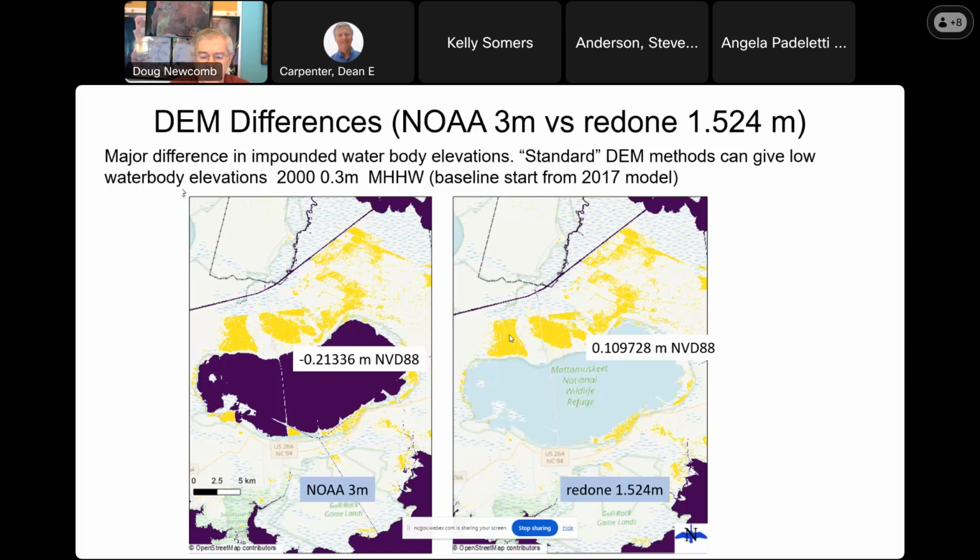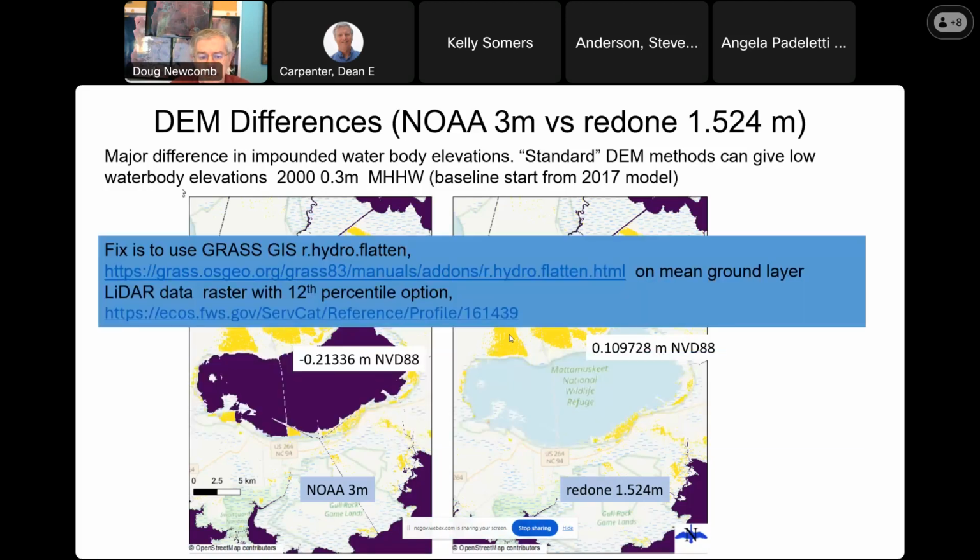An accurate water level for any impoundments based on the LiDAR data on the perimeter. And I've got a nice link to that presentation that I made at the FOSS4G North America last fall describing that. You basically run the iHydroflatten on a mean ground layer in GRASS.